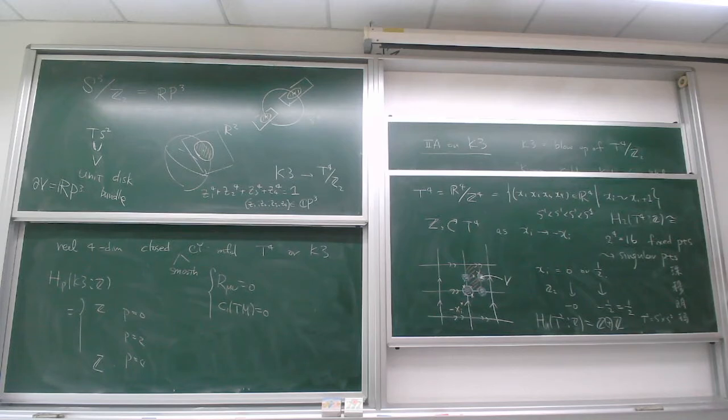Can you give me one example of a 2-torus inside of T4?